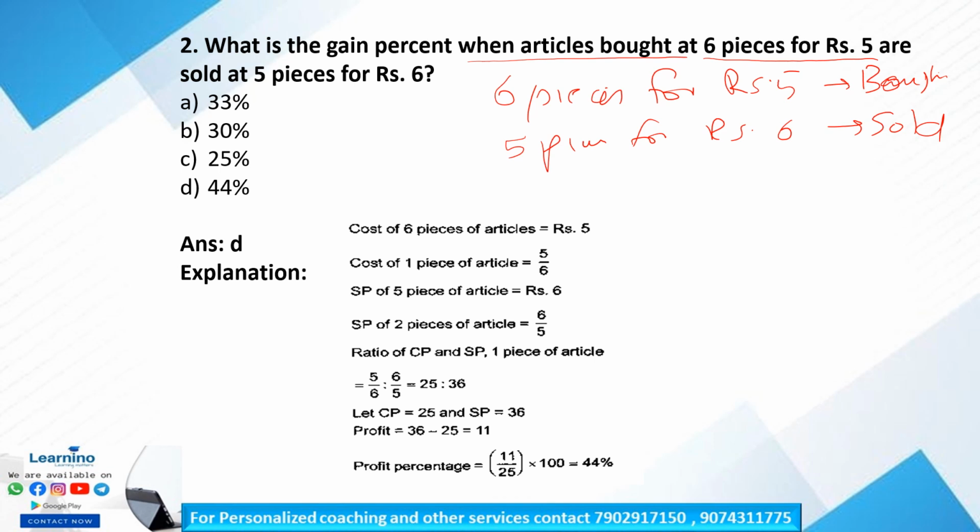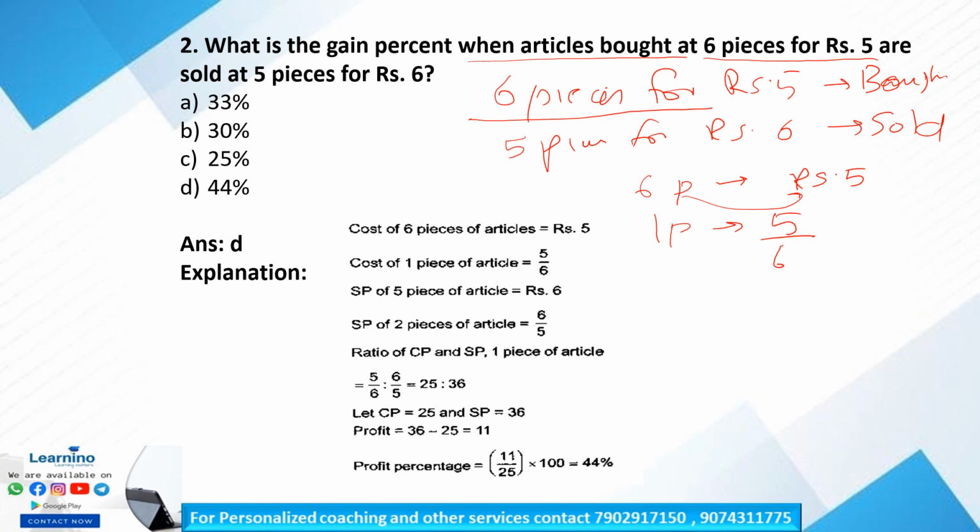So what is the cost of 6 pieces of articles? The cost of 6 pieces of articles is rupees 5, right? So what is the cost of one piece of article? That is rupees 5 by 6.